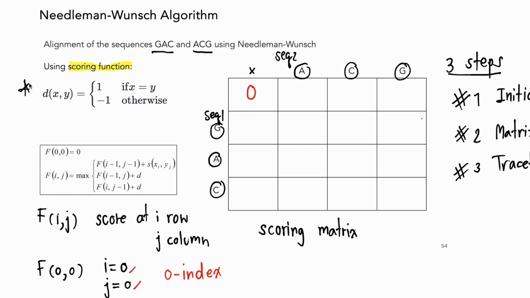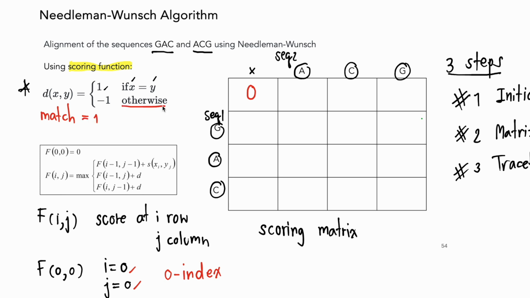We put the score 1 if the nucleotide from the first sequence is similar or identical to the nucleotide in the second sequence. In other words, if the nucleotides match, we will put the score 1.